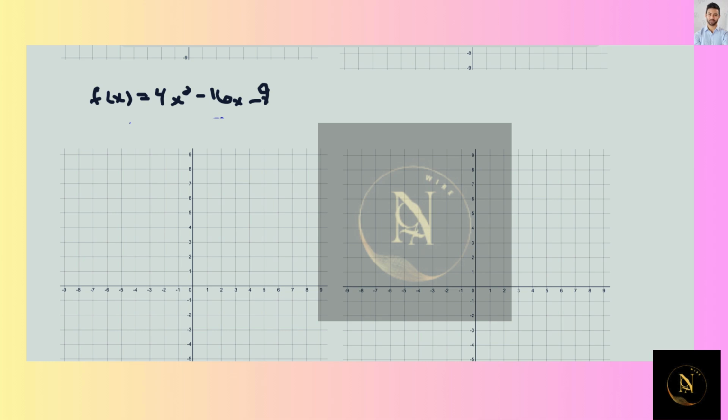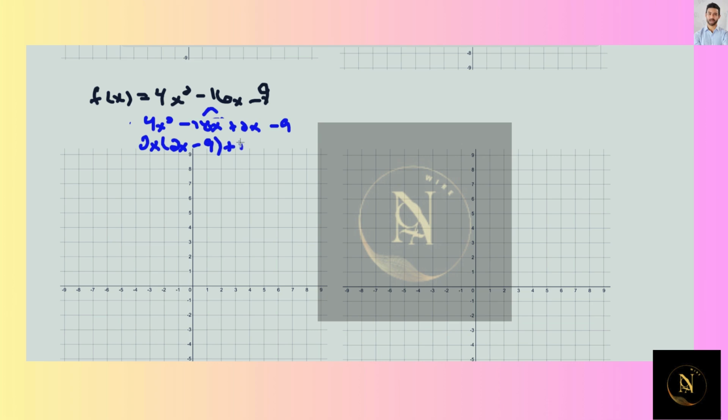Which would be what multiplies to negative 36 and adds to negative 16. That would be negative 18 and 2. And so we could factor out a 2x from the first group, left with 2x minus 9.